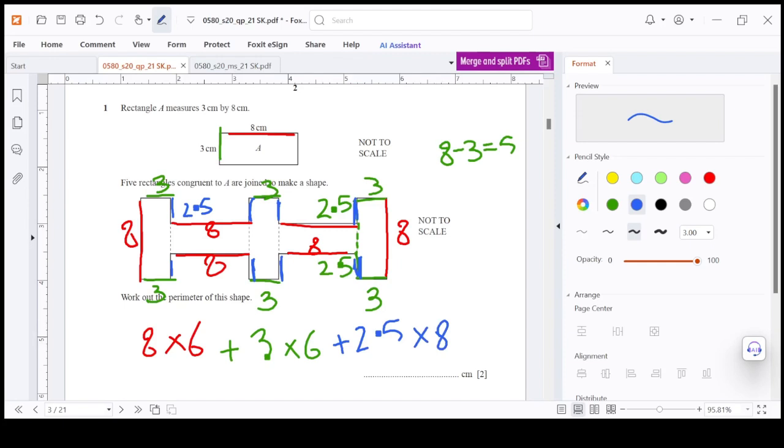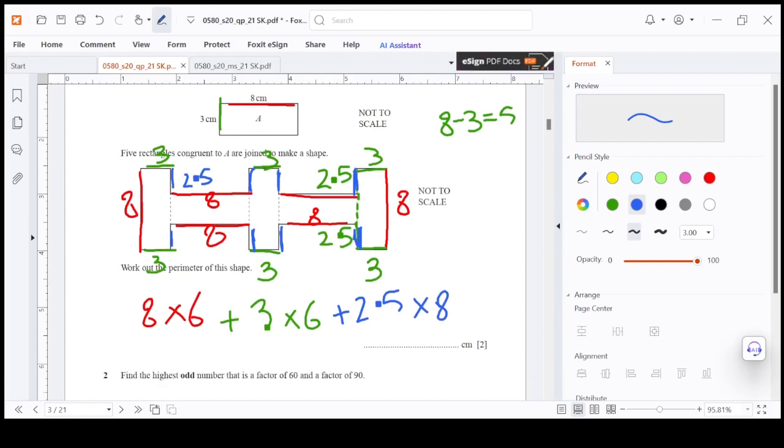Now you do not have a calculator, so this has to be done without a calculator. I hope you can do it. This is going to be 48 plus 18 plus 2.5 times 8.